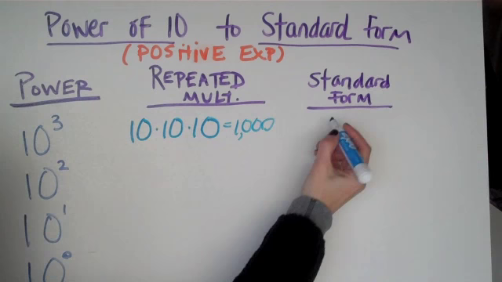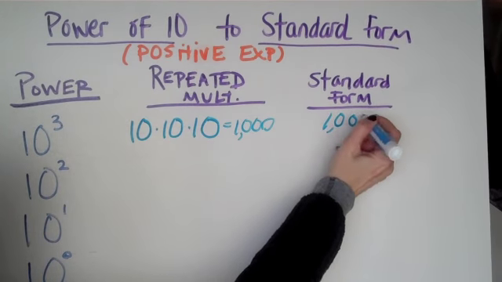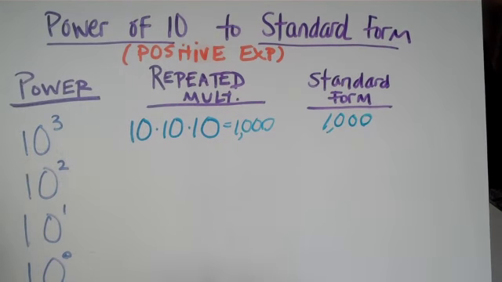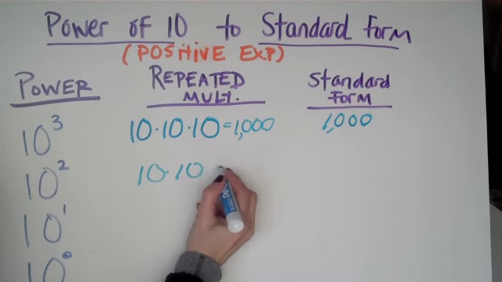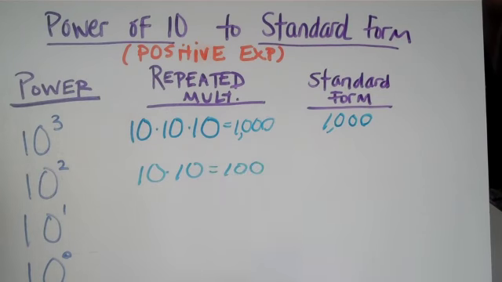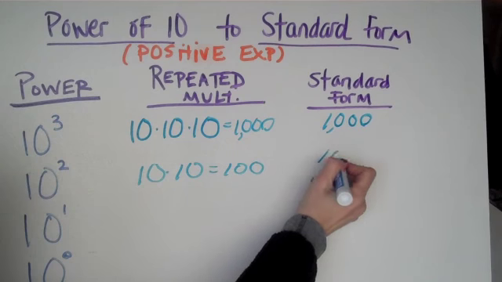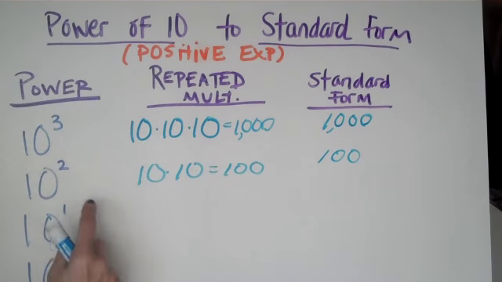So simple enough, 10 to the third power in standard form would be 1,000. Okay, what about 10 to the second power? That just means 10 times 10, which is equal to 100. So in standard form, 10 squared, or 10 to the second power, is 100.